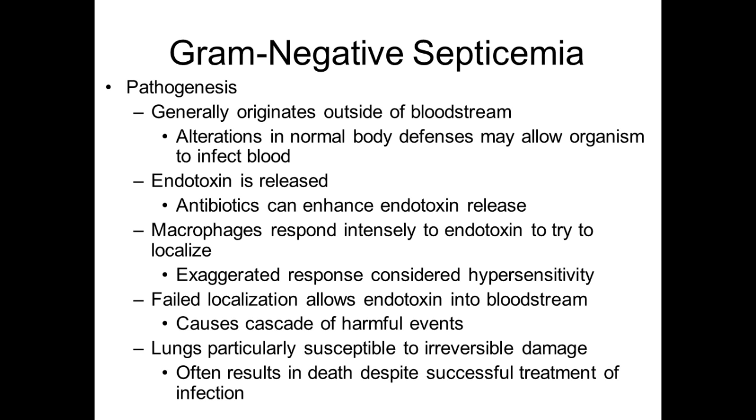And so the problem with this is it generally originates outside the bloodstream, right? So some other infection somewhere, and any number of things, and it could be our normal flora. Our defenses are low and allow the organism to infect into the blood. The endotoxin is released. Now, antibiotics can enhance this. You're like, what?